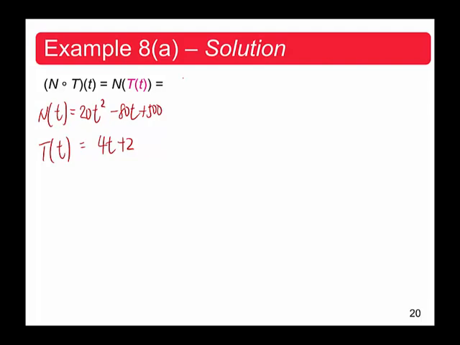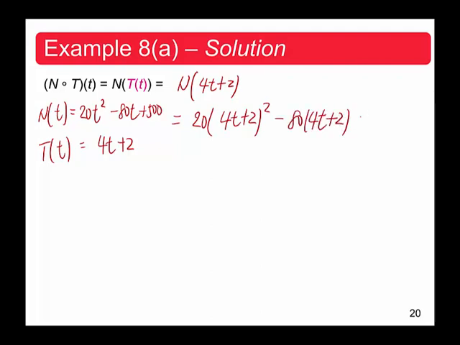So N is the outer function, T of t is the inner function. T of t turned out to be 4t adding 2. Then go back to the outer function, our main function, N. Now replace t with 4t plus 2. Square that, minus 80 times (4t plus 2), and adding 500.